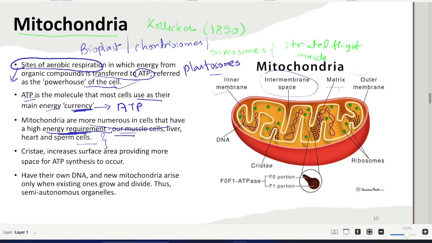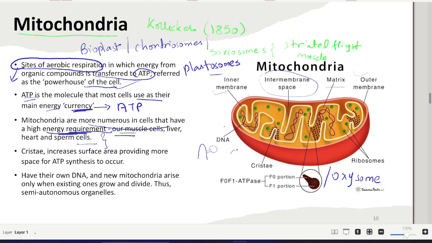The space inside is filled with semi-solid jelly-like substance known as the matrix, and there are finger-like projections known as cristae. These cristae have tennis racket-like structures known as F1 particles, also known as the oxysome.